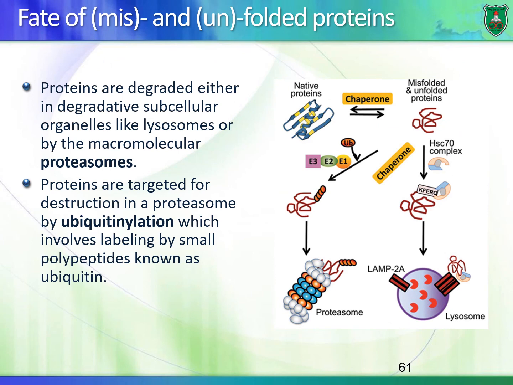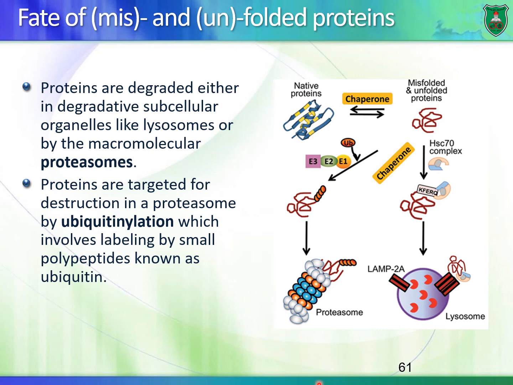Finally, we will end with protein degradation. This is another level of regulation. Proteins do not last forever, and they are degraded, and there are different mechanisms of protein degradation.